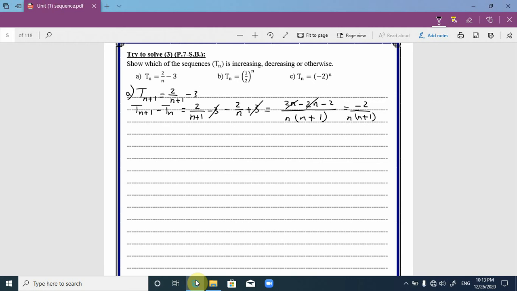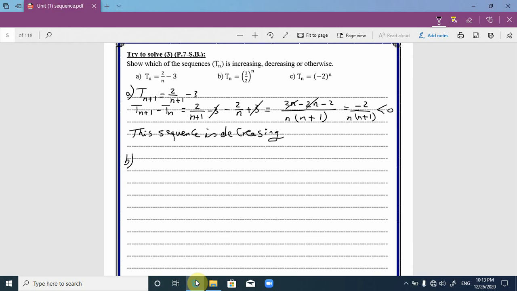This expression is less than 0, so this sequence is decreasing. And if the result is more than 0, the sequence would be increasing.